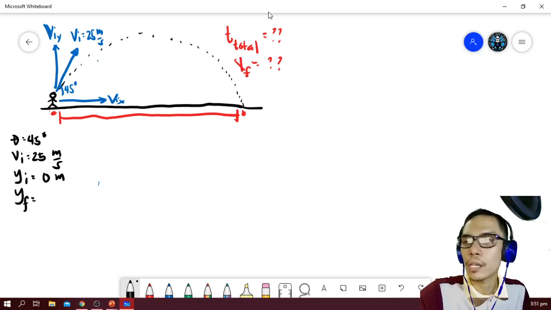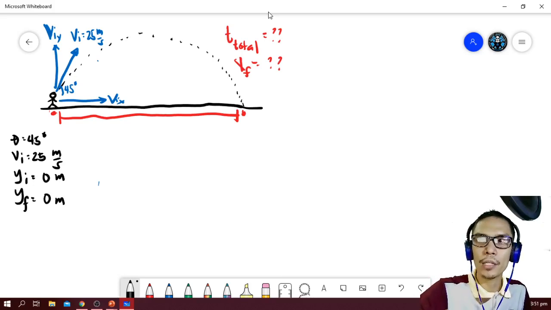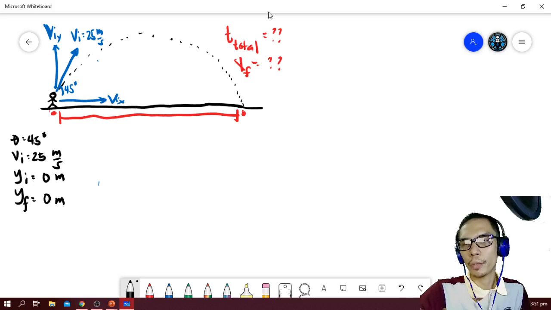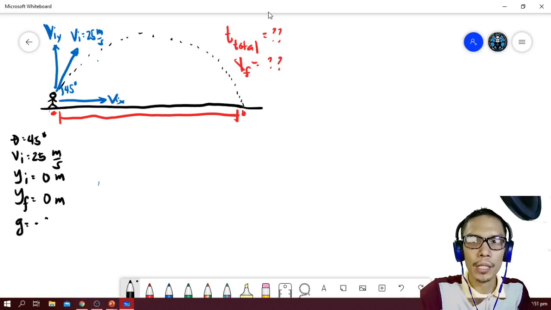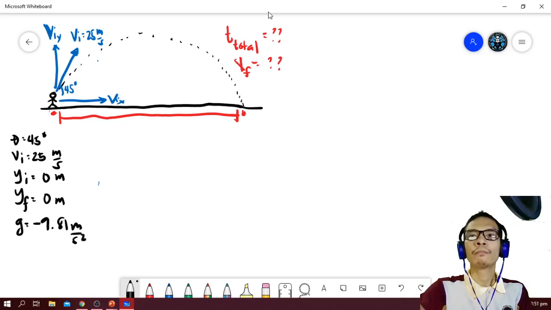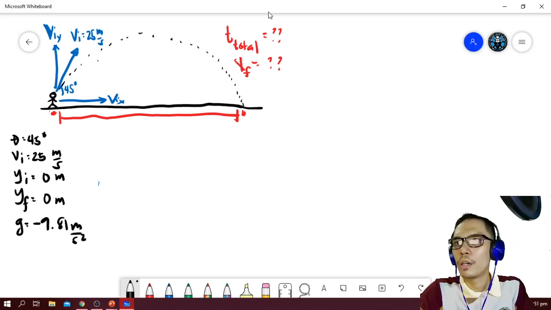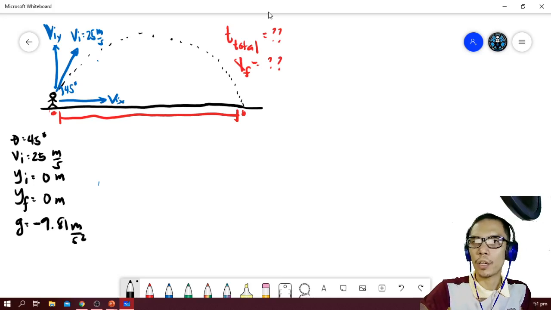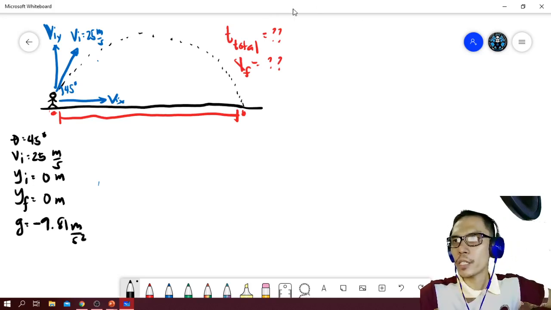So y i and y f are both 0 meters because it still falls on the same level ground. Next, the acceleration due to gravity is negative 9.81 meters per second squared. I think these are all the given values.